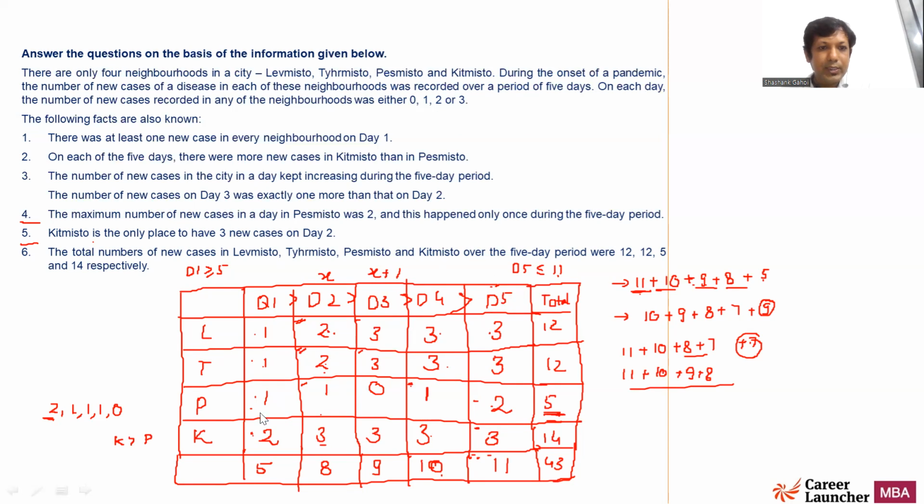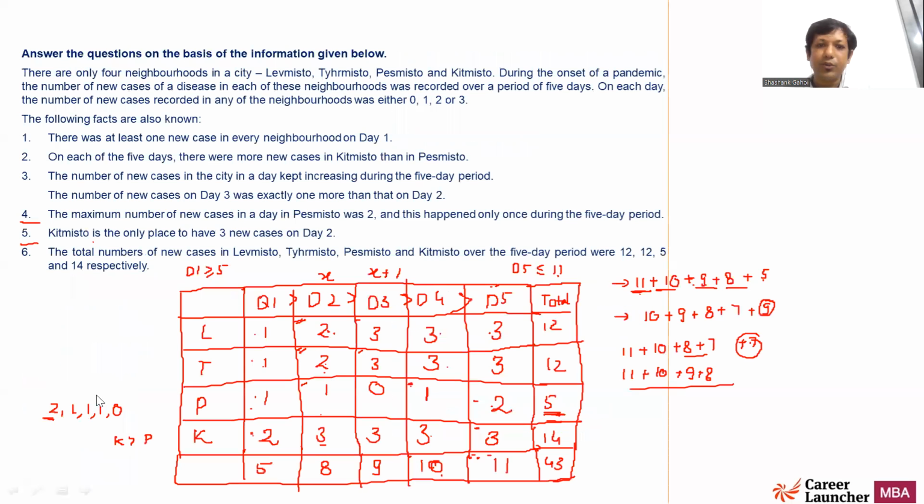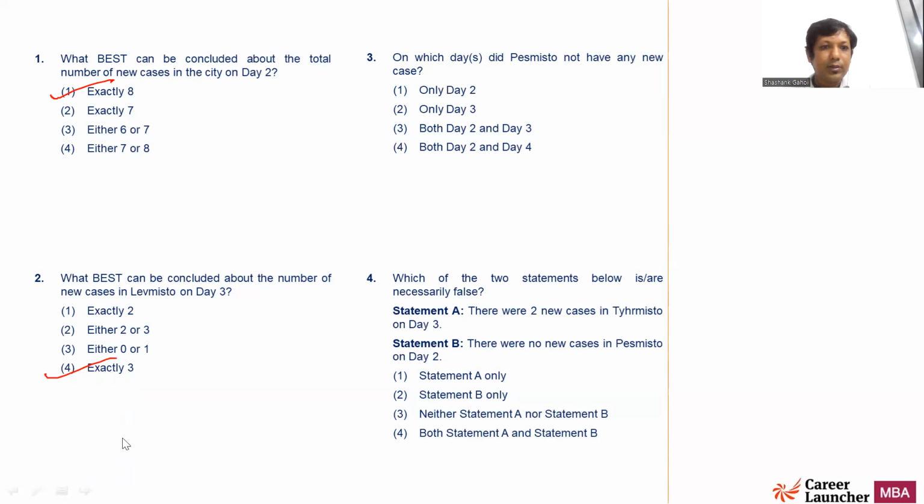L on day 3, it has 3 cases. So answer is going to be this. On which day P did not have any new cases, that's going to be day 3. So again, I am able to answer this question. That's going to be only day 3.